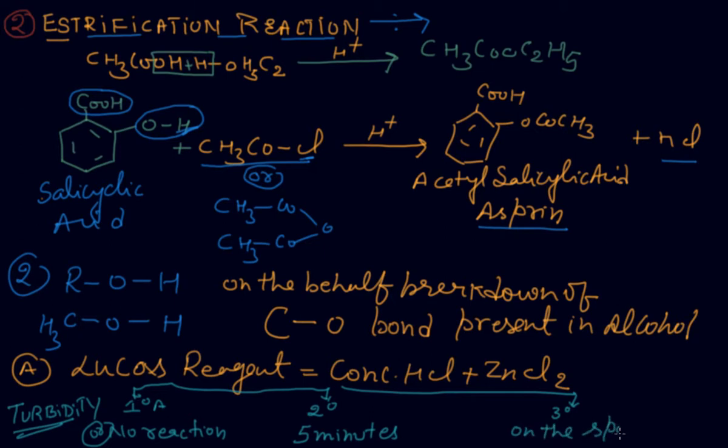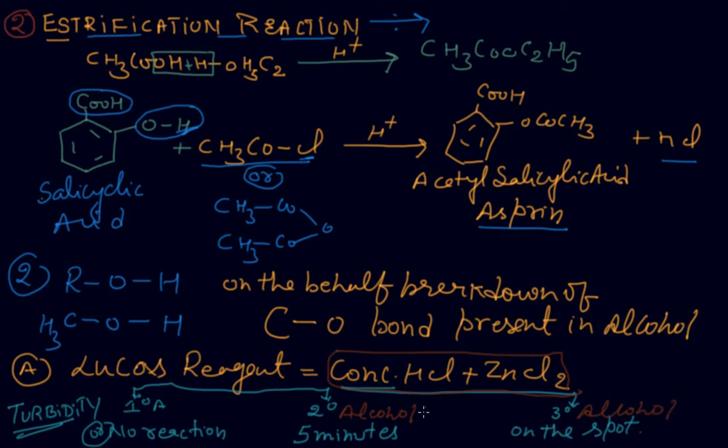This is very easy, but you take care. Do not forget, it has been asked a number of times. Concentrated HCl and ZnCl2, known as Lucas reagent, gives turbidity with a primary alcohol in 1 hour, or it will not give any. With a secondary alcohol, it will give turbidity within 5 minutes, and with a tertiary alcohol, it will give turbidity on the spot.